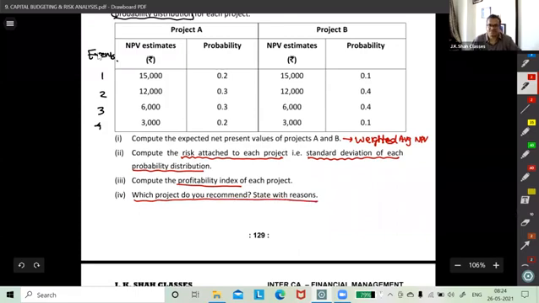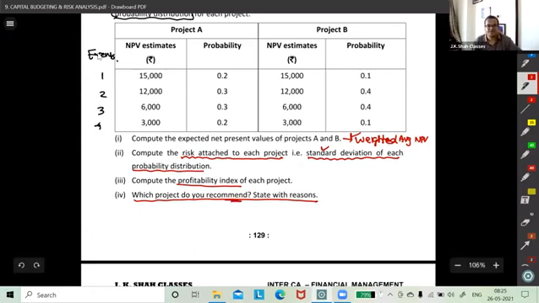State with reasons. Fine. So let's start one by one. First, we'll calculate everything for project A. We'll calculate the weighted average NPV and the standard deviation. Profitability index we will do a little later.